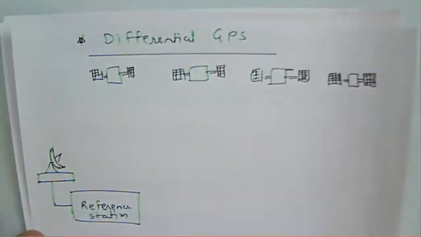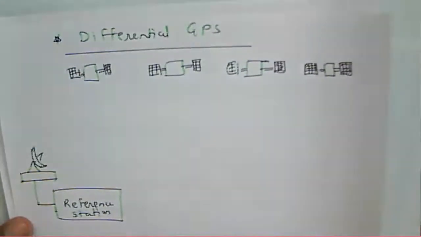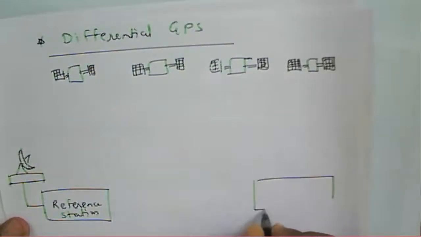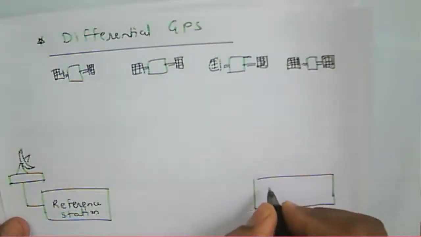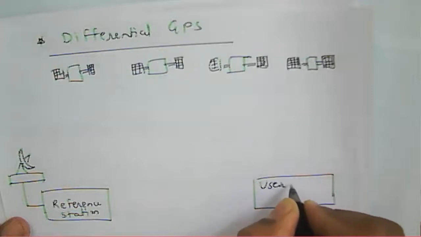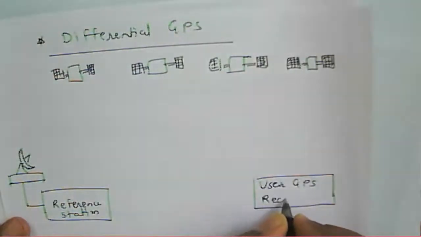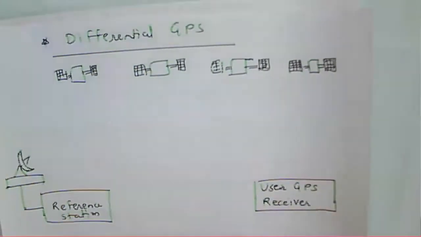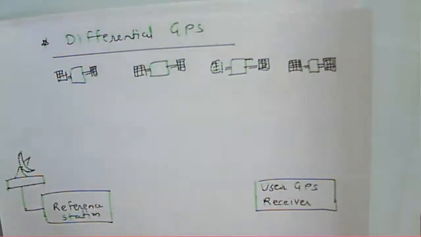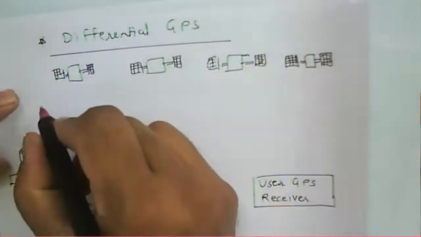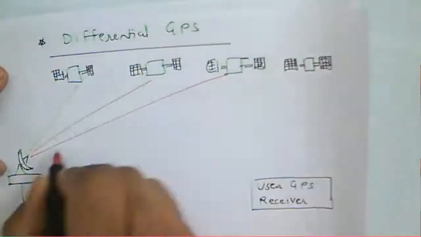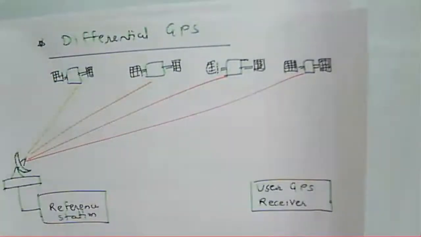Now these are the four satellites, because we say that there are four satellites. Here is a reference station, and this one we can say is a user GPS. Now the reference station and the receiver, signals are received from the various satellites.